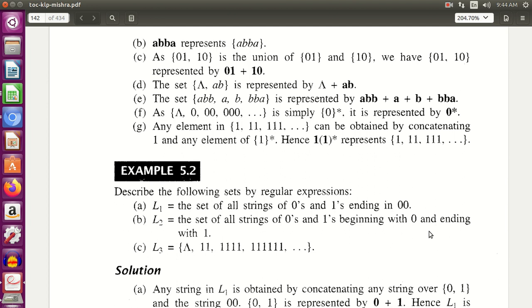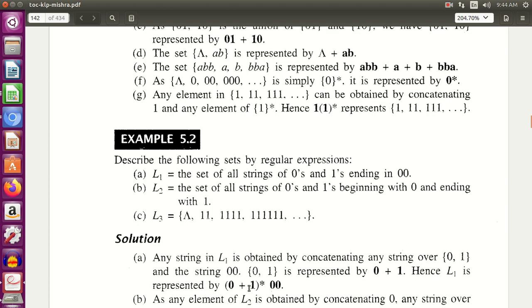So you have to design the regular expression for the set of strings. 0 plus 1 star, 0 0. Exactly. So we can just write 0 plus 1 star, because we can have any combination of zeros and ones, and it must end with 0 0. So any combination of 0 and 1 will be 0 plus 1 star, and then ending with 0 0 will be there.